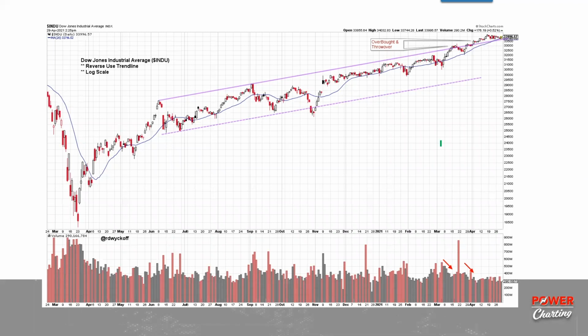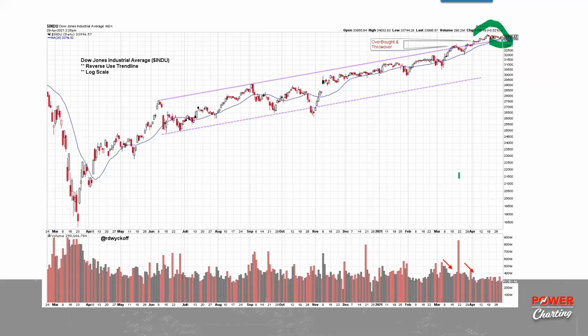Now let's turn our attention in the couple minutes that we have left. Here's the Dow Jones. You can see a trend channel, an attempt to throw over the trend channel here, and it's pausing. The interest rate environment that we've seen suggests that we're going to have continued pressure on speculation to drive prices higher, and that includes the stock market.